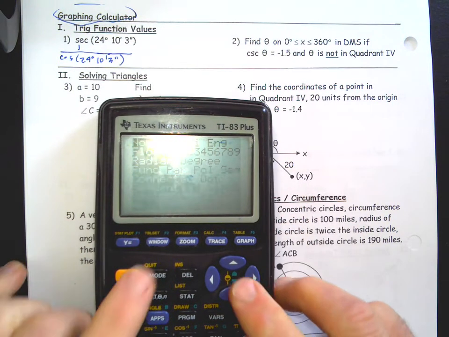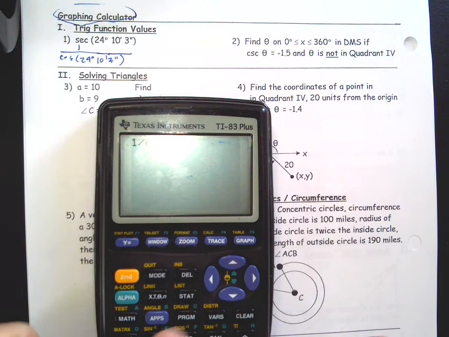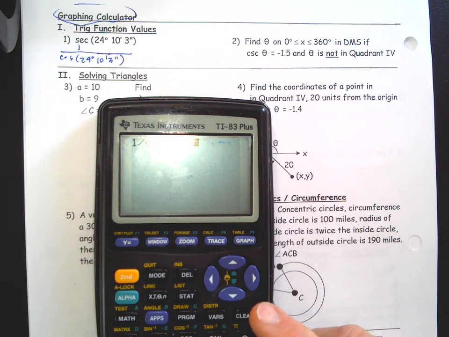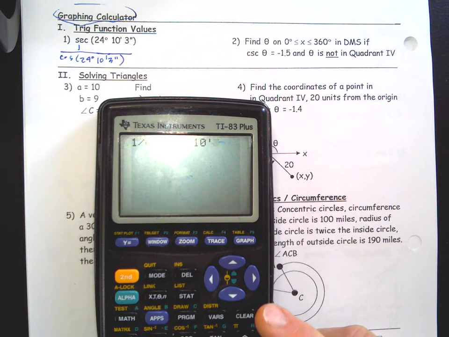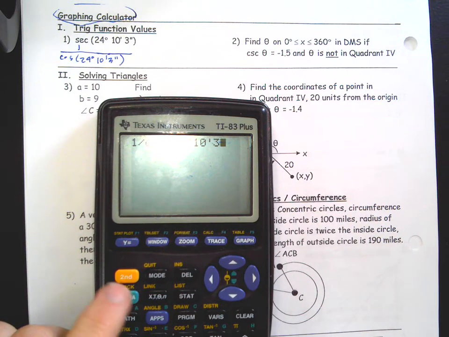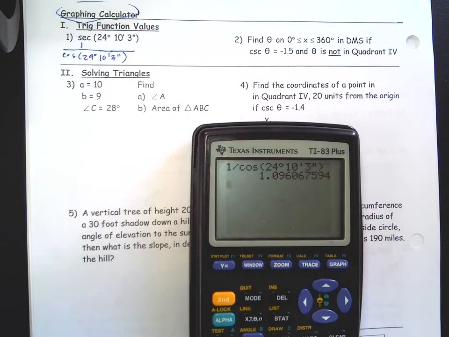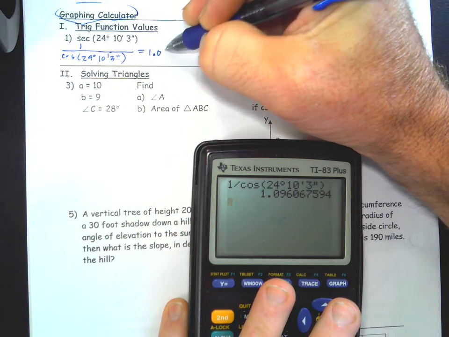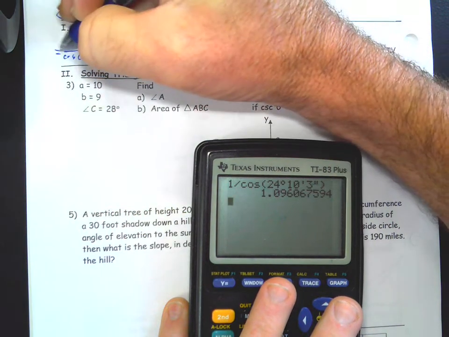So mode, I'm going to change it to degree mode. 1 over cosine 24 second angle degrees, 10 second angle minutes, and 3 alpha plus seconds. Sorry. Hit enter. 3 decimal accuracy, rounded or truncated, 1.096 is the same rounded and truncated.